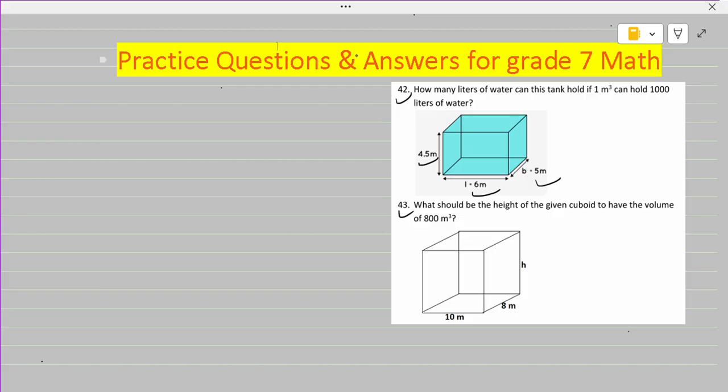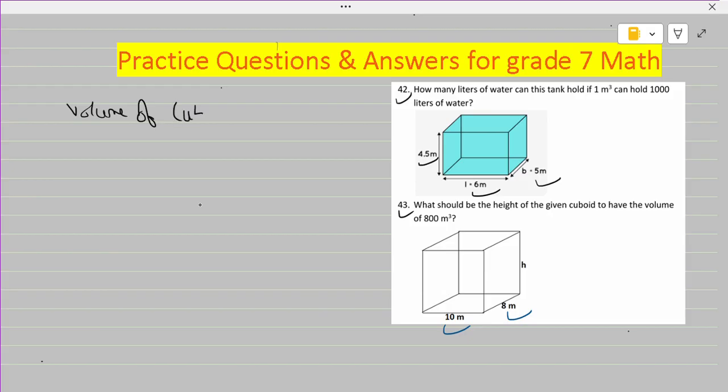The volume of this cuboid is 800 meter cube, and its length and breadth are given already. The length is 10 meter and the breadth is 8 meter. We have to find out the height. The same concept we'll use here.